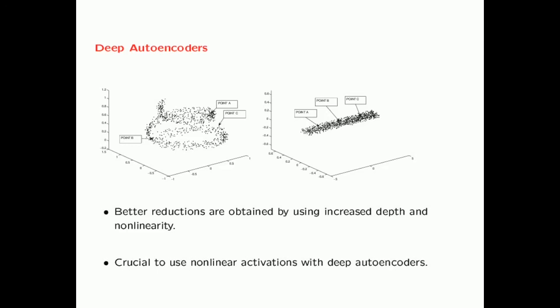If you have data which doesn't have a lot of structure, that means you can actually use SVD. It just has linear structure, but it has a lot of noise. Then you're better off using a traditional machine learning technique like SVD. On the other hand, if you have data which doesn't have too much noise, but has a lot of rich structure, for example image data, then you're better off using techniques like deep autoencoders with a lot of nonlinearity.